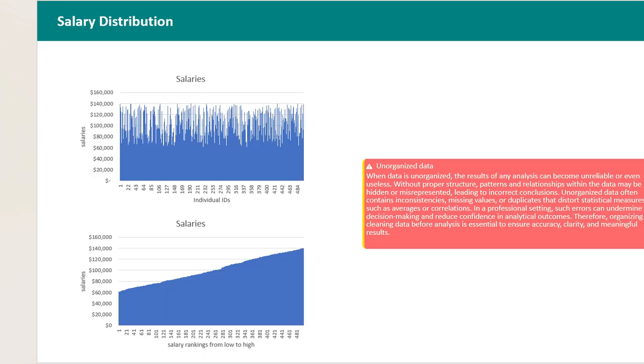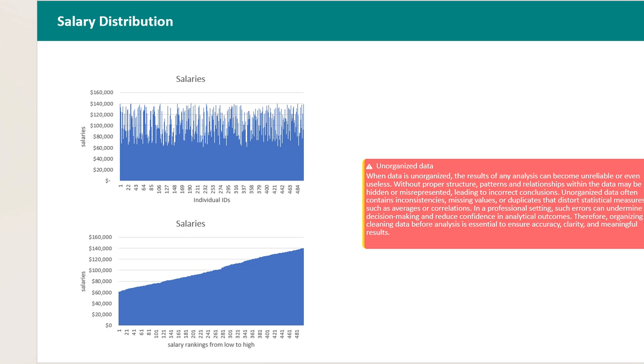Now this salary distribution, I plotted these two charts using the salary as the only factor. The x-axis is the individual IDs. The top is without sorting. The bottom is sorted.